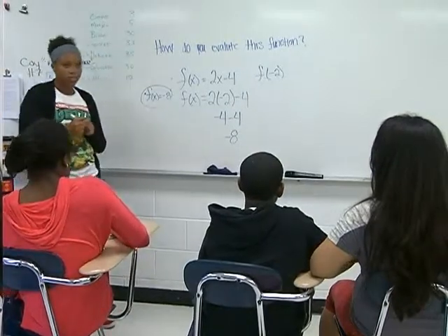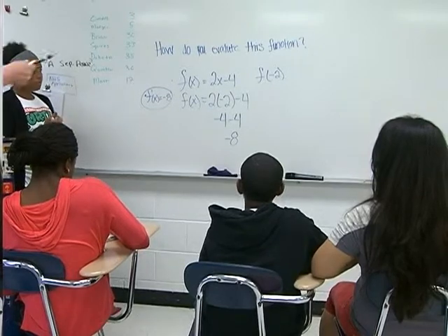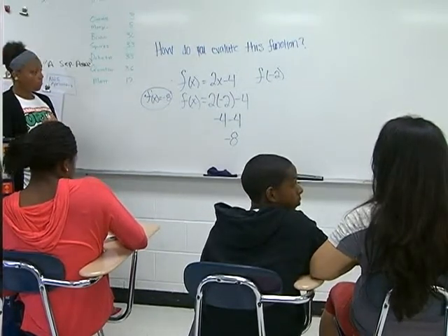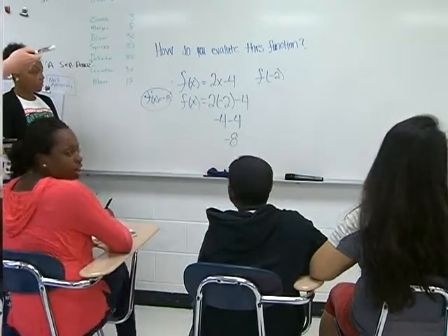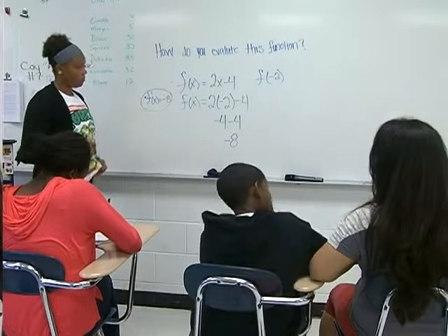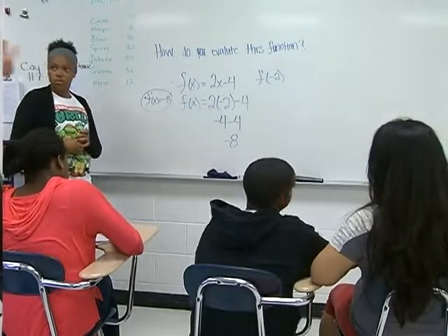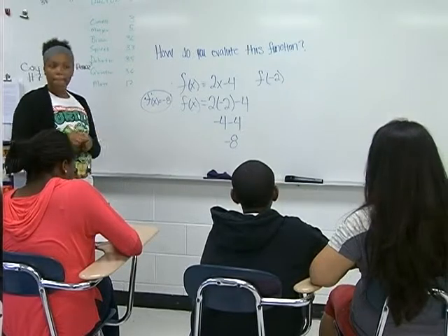Evaluate the function at where? You had f of -2. So you were given f of x, but you have to find f of -2. Yes. Right? So -8 would really be.